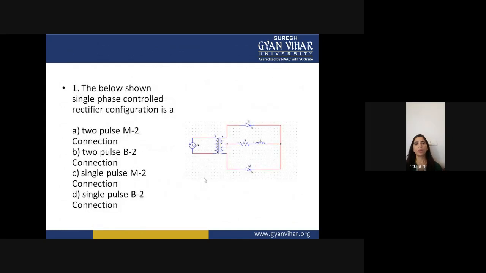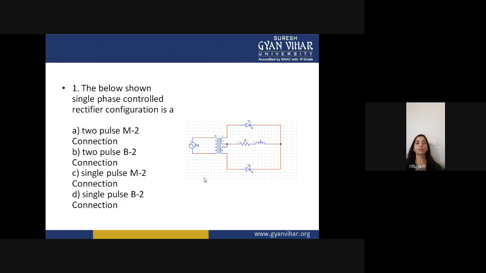In the previous lecture we discussed the half wave controlled converter and uncontrolled converter. In the uncontrolled converter we were using a diode. If you want a full wave uncontrolled converter, then you have to use two diodes.